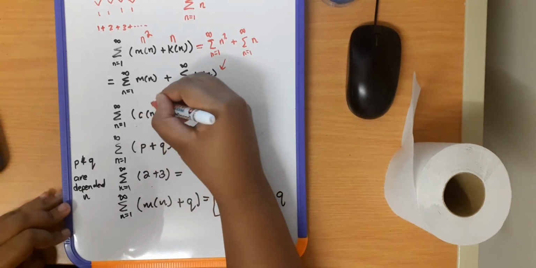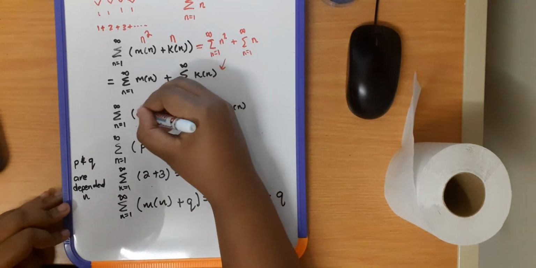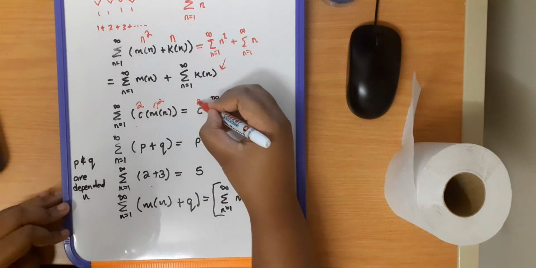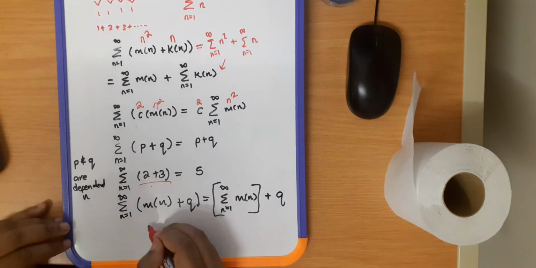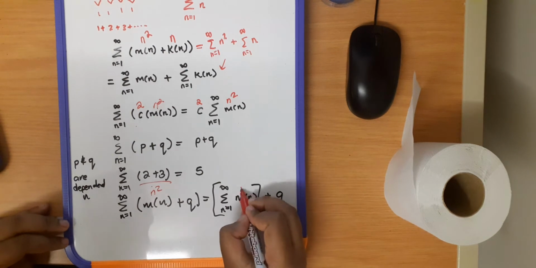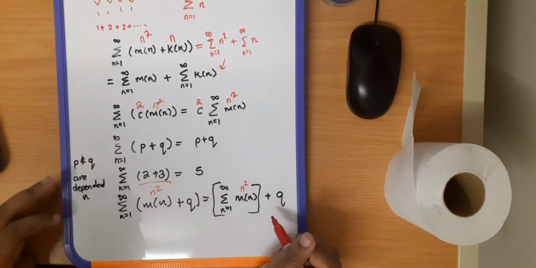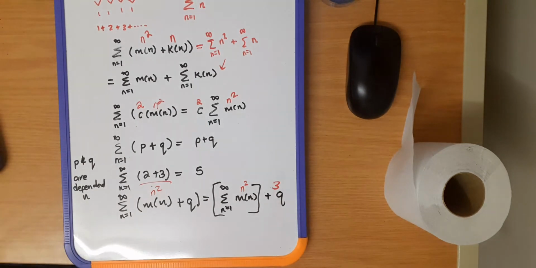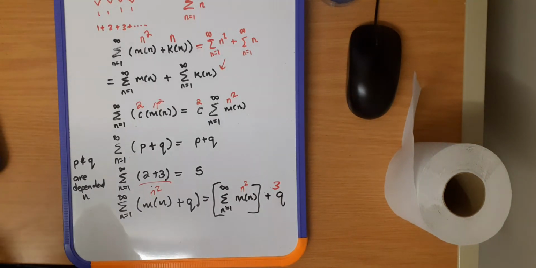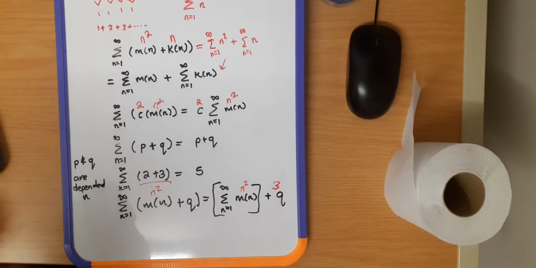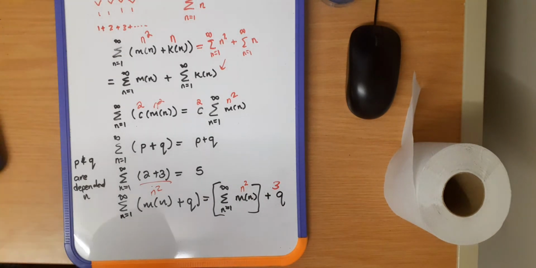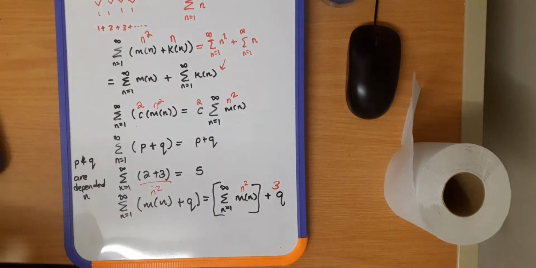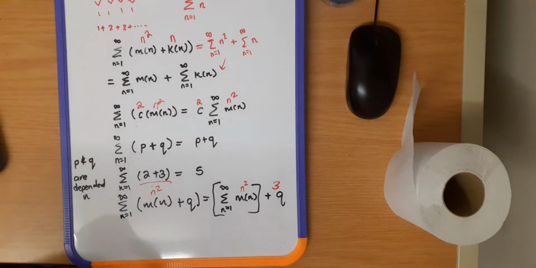If you had c times n squared, and this is like 2, it equals 2 times the series of n squared, which we've already made an example of. And then plus q, we said q is 3. So there's no need to stress yourself. Just know these rules, write them on a piece of paper and memorize them as much as possible. They're really easy, straightforward, nothing to worry about.